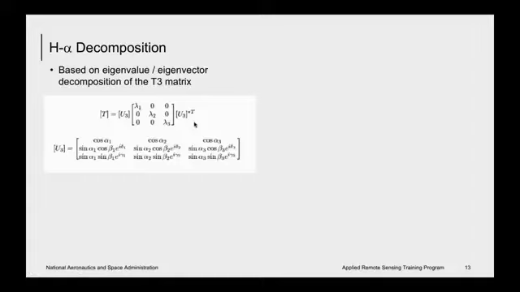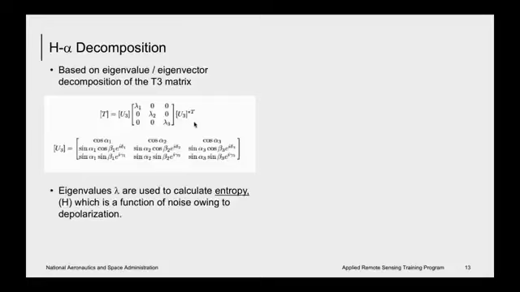The important thing to know here is that by doing this, you get independent scattering mechanisms. The eigenvalues are used to calculate entropy, and that's referred to as H. And the entropy is a function of noise owing to depolarization.